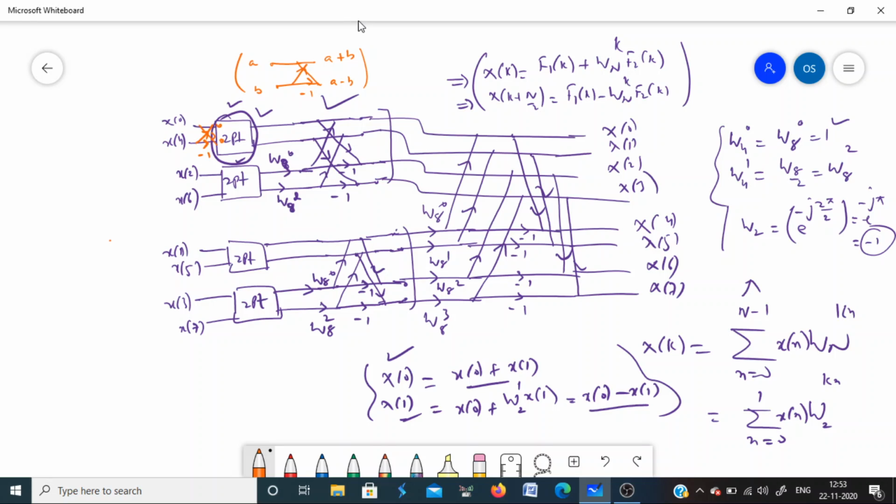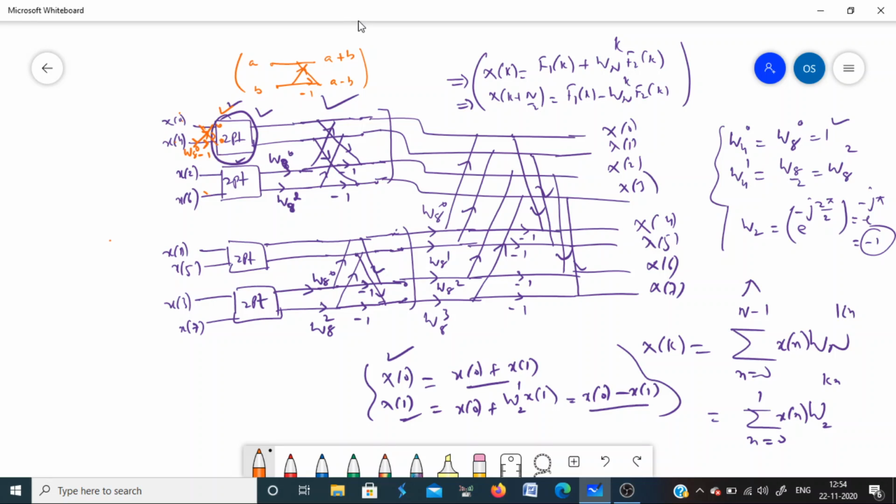Okay, now in order to maintain this structure, this symmetry, what we do is multiply this one branch with W8 to the power 0, because W8 to the power 0 is 1 in any way. Okay, and then add with this, then multiply with minus 1, add with this, it will be simply upper will be x0 plus x4, the lower part will be x0 minus x4, which is the 2-point DFT.